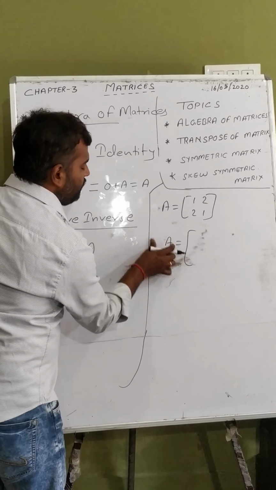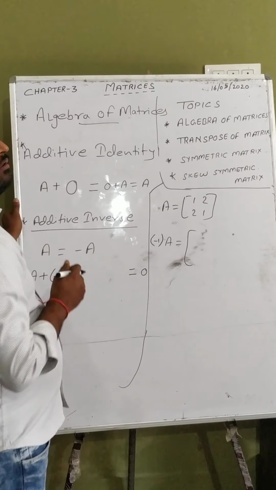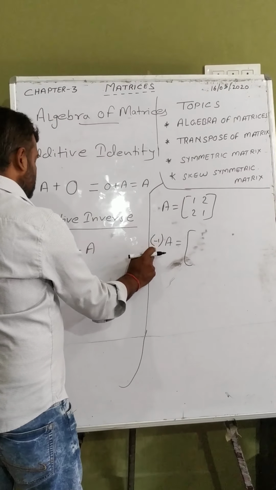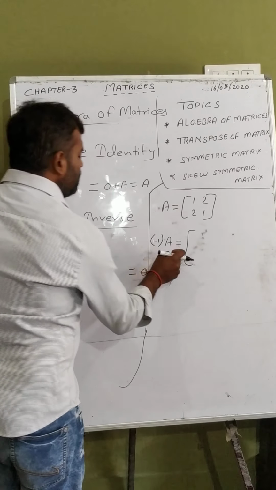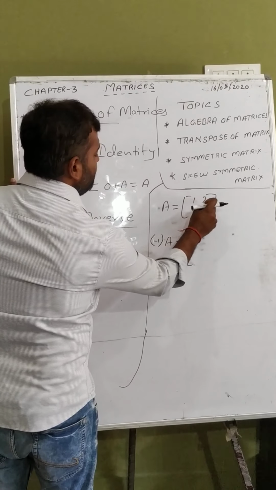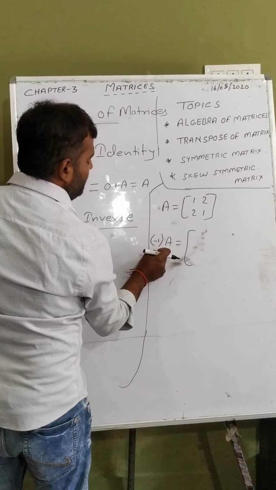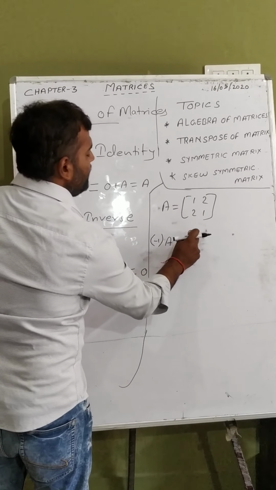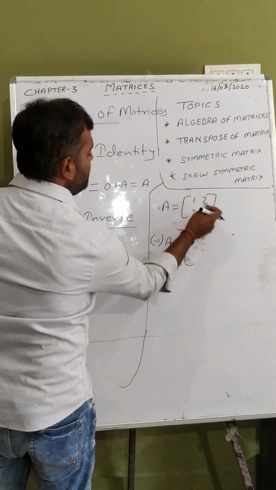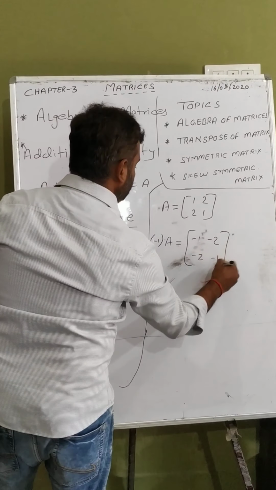What we are doing here is multiplying A by minus 1. So if A has the elements 1, 2 and 2, 1, then minus A is found by multiplying the minus sign to each element: 1 into minus 1 is minus 1, minus 2, minus 2, minus 1.